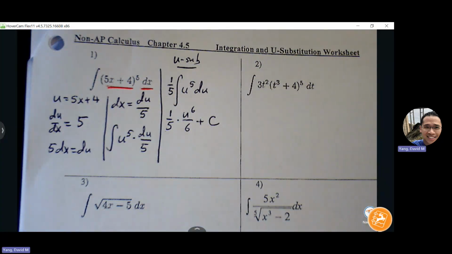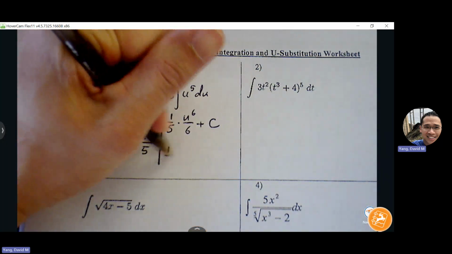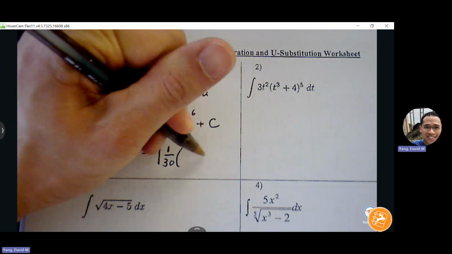Okay, so we have our antiderivative, but can we leave our answer like this? We've got to bring back what? We started with which variable? X. So we want to end with X, right? So you can put that 30 below, or you can put the 30 outside. I like to put it outside as 1/30.